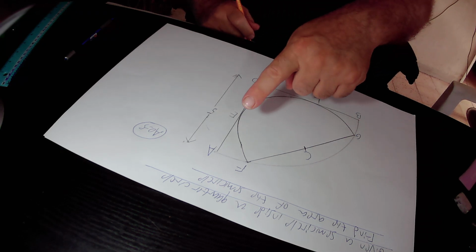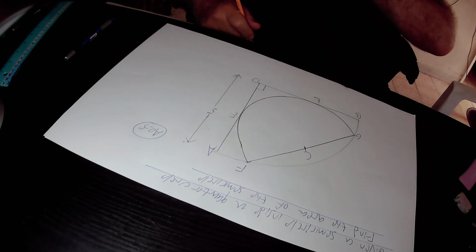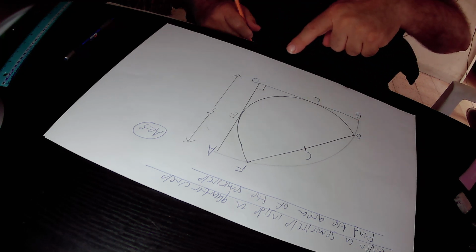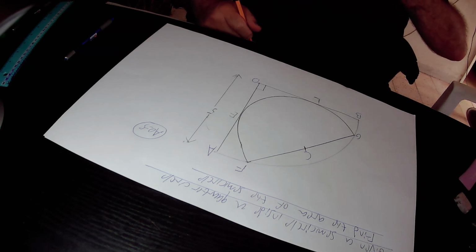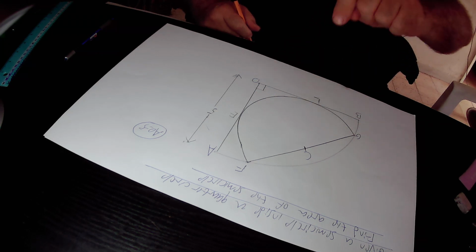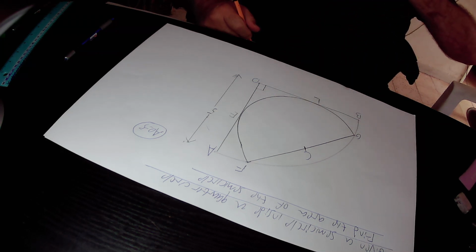We know that AO equals 5 units in its length. That is to say, the radius of this quarter circle is equal to 5 units. We will define the radius of this semicircle as x.